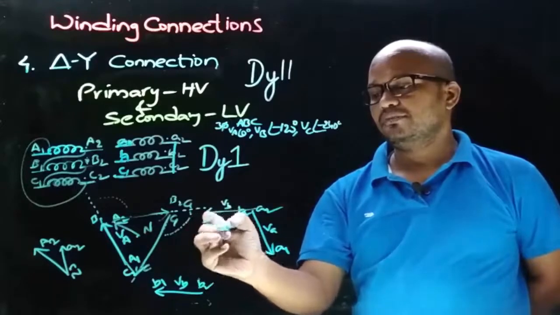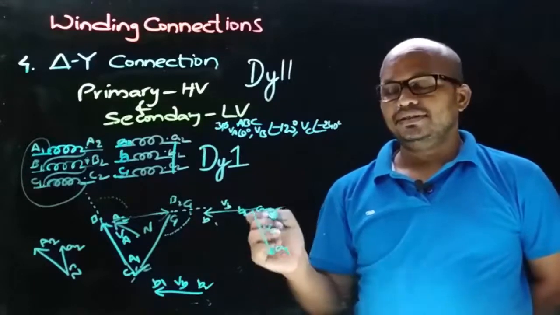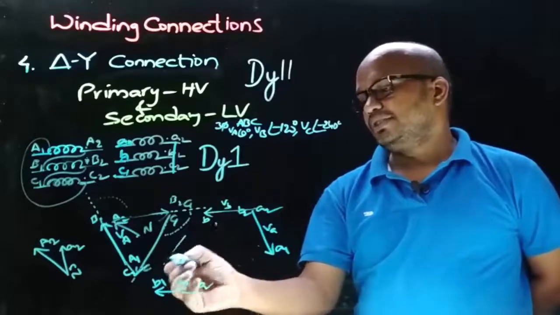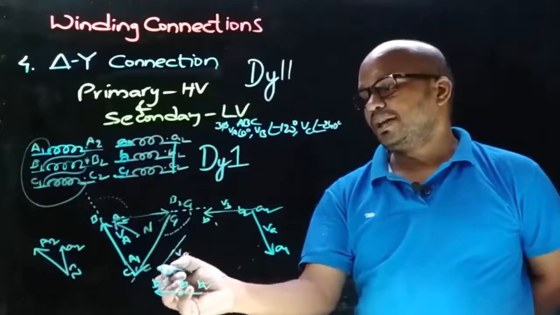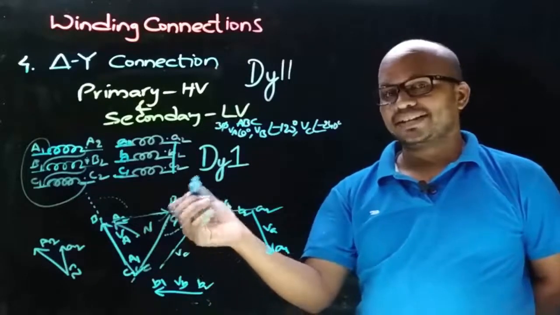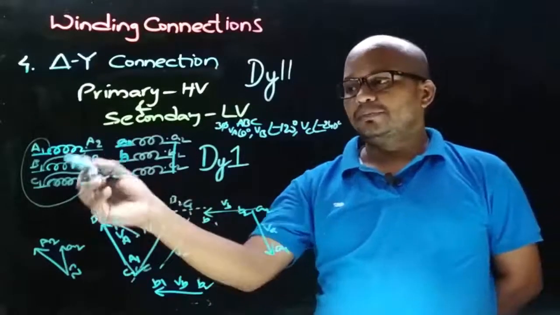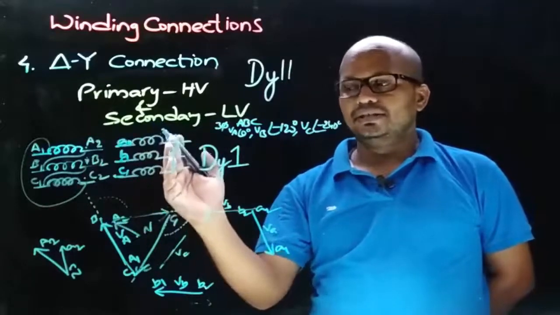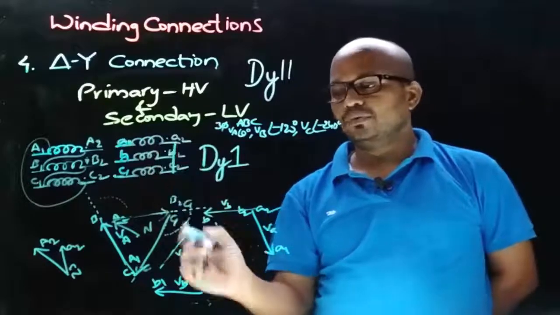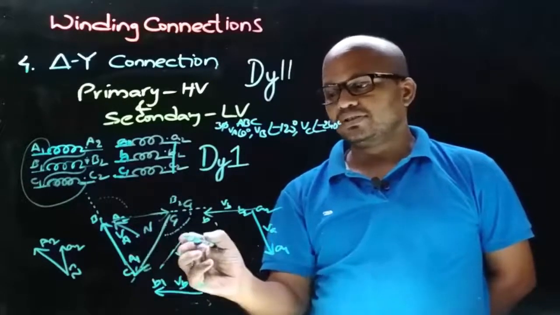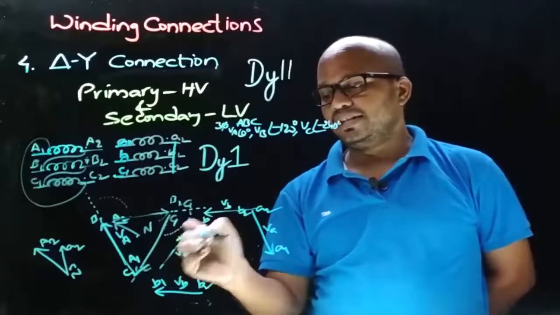This is B1. Now let's draw the secondary side VC phasor. Let this be the secondary side VC phasor drawn parallel to the primary side VC phasor. Now let's decide its direction. As on the primary side the connections are taken from dot ends, and on the secondary side from non-dot ends, the secondary side VC phasor direction will be opposite to the primary side VC phasor. Therefore the direction will be like this.